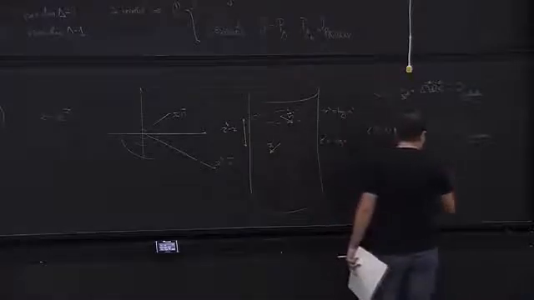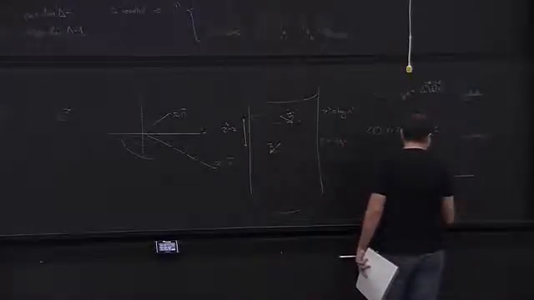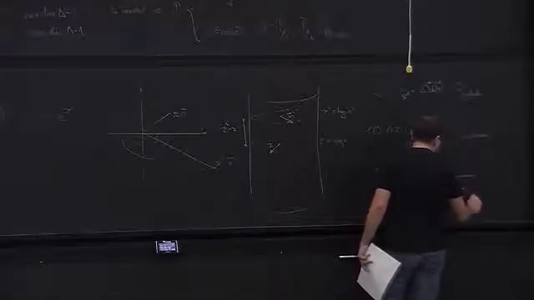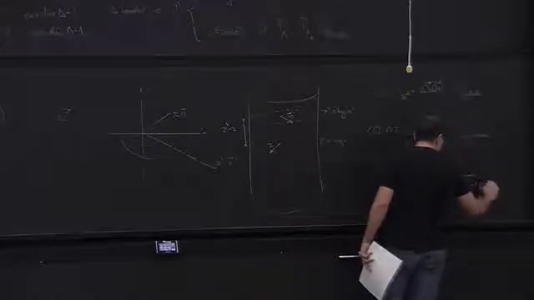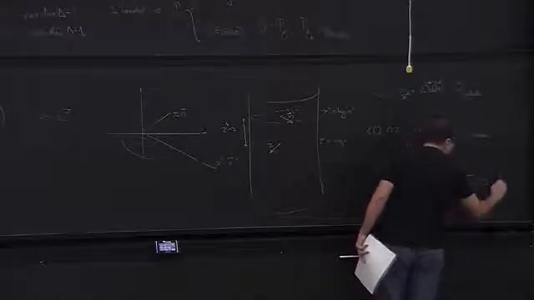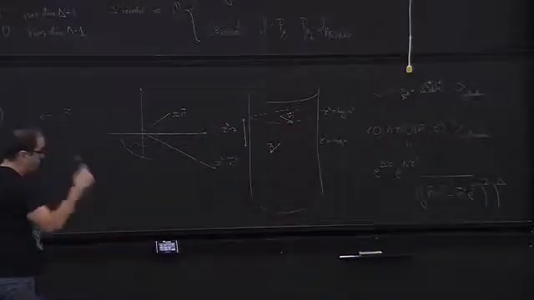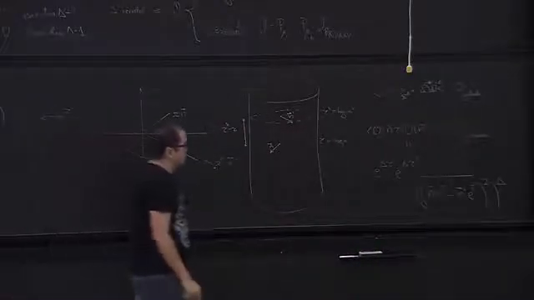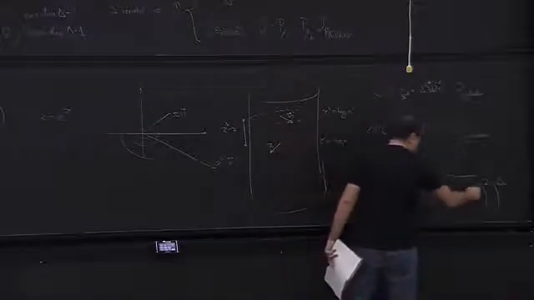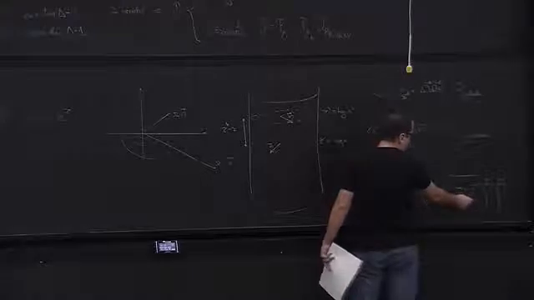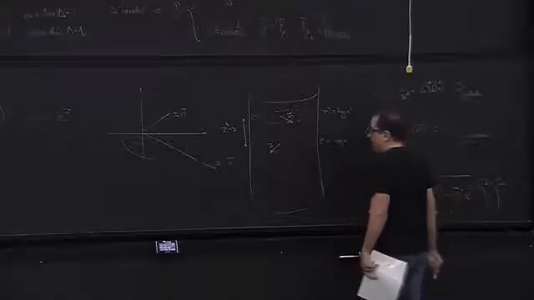Times the correlation function in flat space, which is, I have some vector n e to the tau minus n prime e to the tau prime, squared, to the power delta. Okay? And now if you compute this square, you just get the square of this, which is e to the 2 tau, the square of this, which is e to the minus 2 tau, and the cross term.